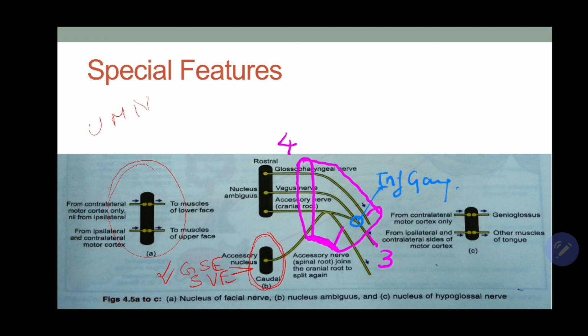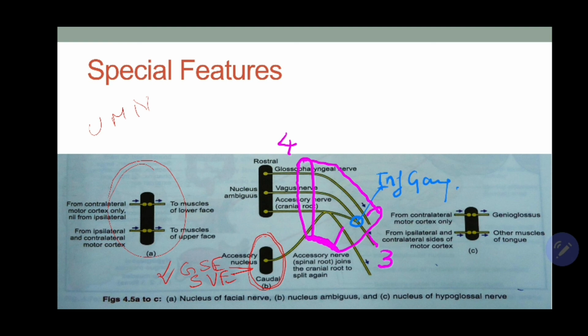From there, the upper motor neurons descend down to the hypoglossal nerve nucleus, but the fibers to genioglossus decussate and reach the opposite nucleus only. Important point is only. For the rest of the muscles, they have a normal pattern that most of the fibers decussate, some of the fibers reach the ipsilateral nucleus.